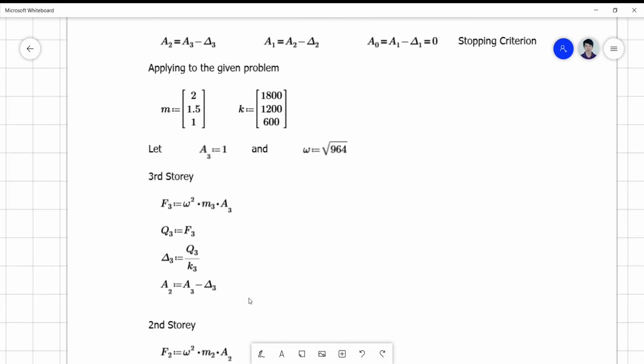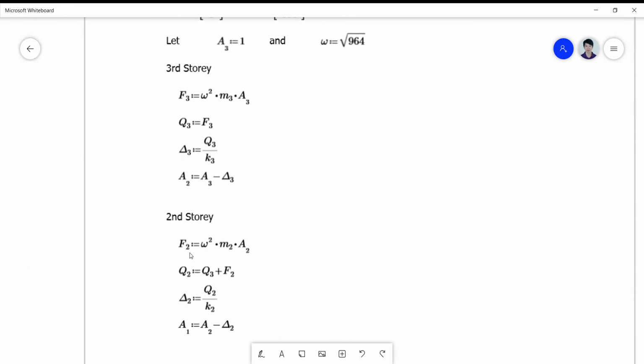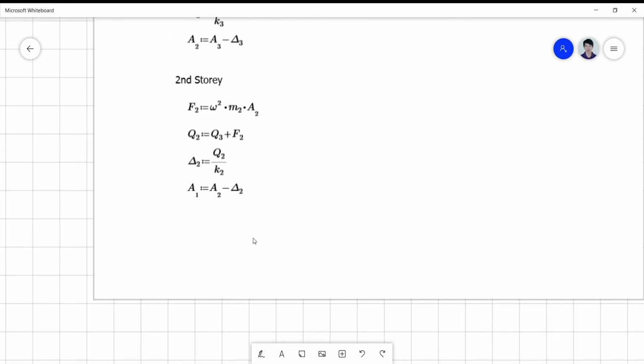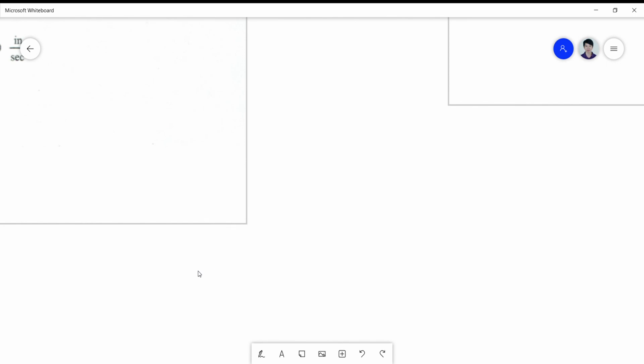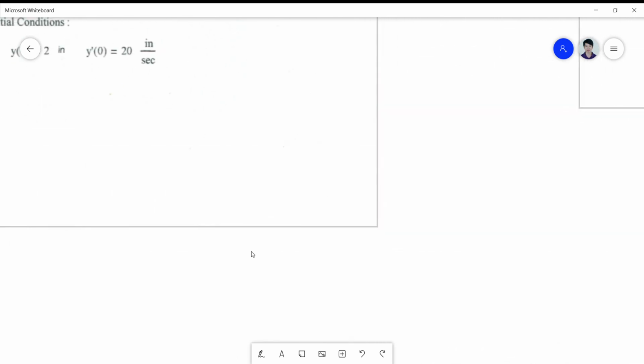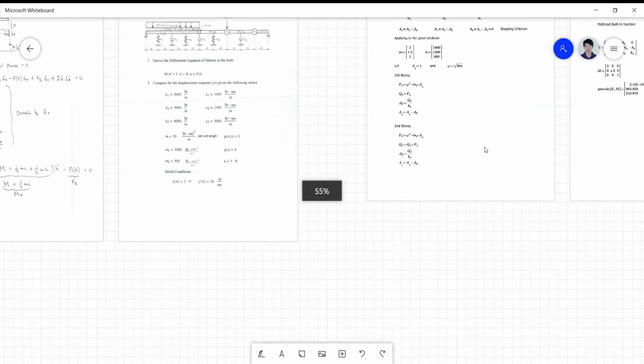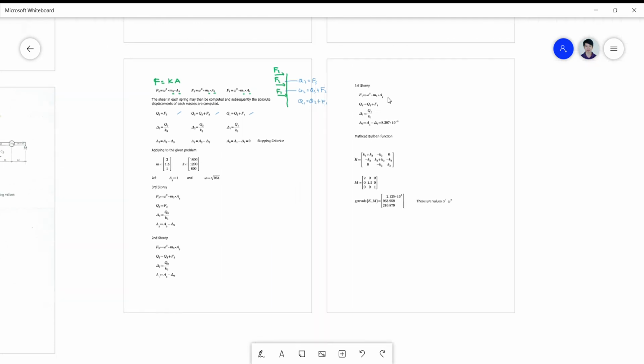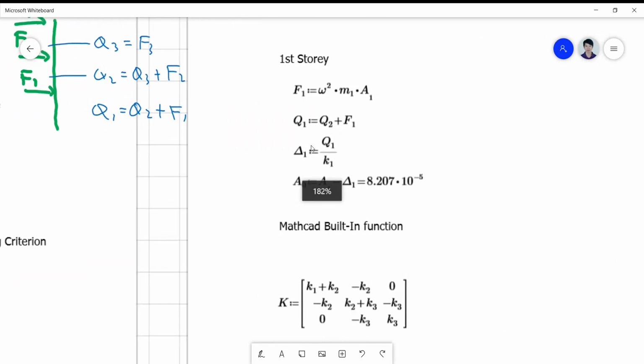Okay, and then A2, the second story, will be used. F2, Q2, delta 2, A1, and then it will be used to solve for the first story, F1, Q1, delta 1, A0, and this A0 now will give you a sign if you are going to stop the procedure. No?